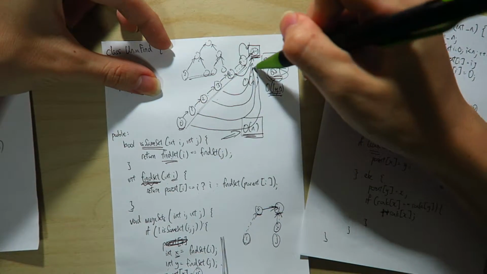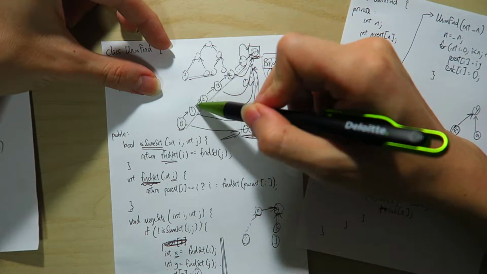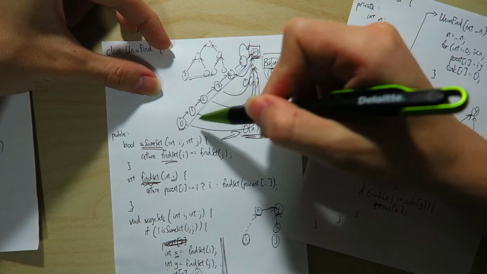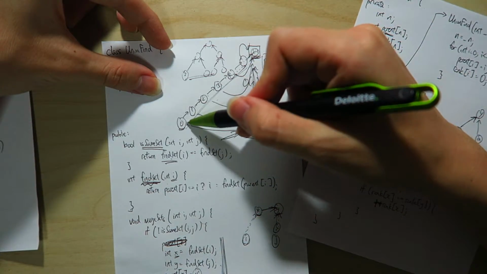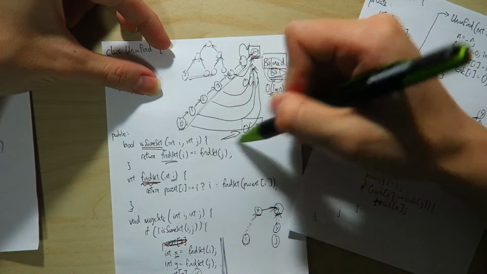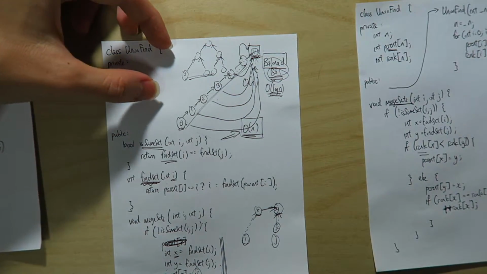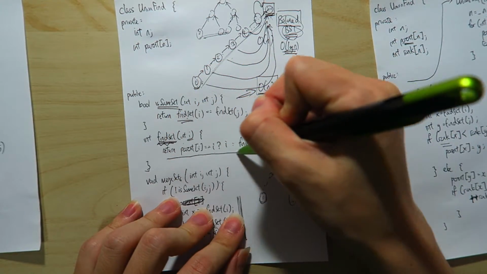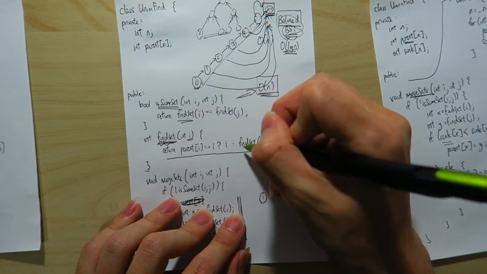So in the future, if I find set of 0, I don't have to move through everything again one more time in order to find the parent. Because I've already moved through it once, and now I know that the parent of 0 is this, I'm just going to point it this way. And how do we implement this? Very simple. Instead of this, we're just going to add something here.